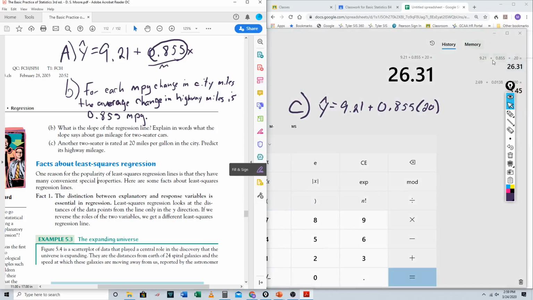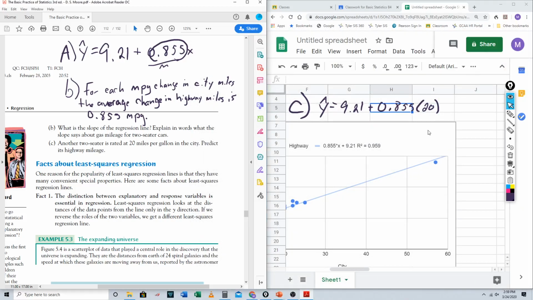So the expected average highway miles is equal to 26.31. There we go. So there it is.